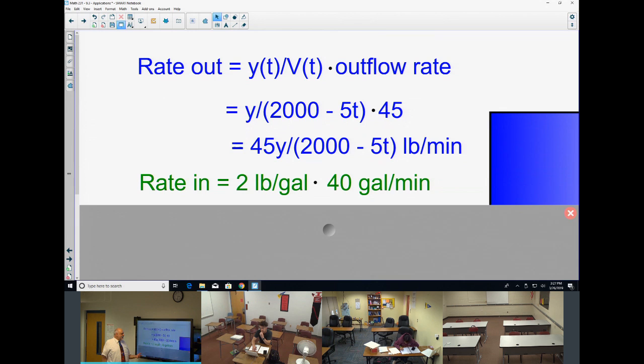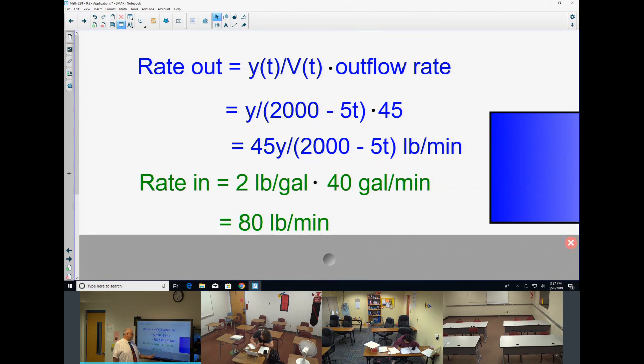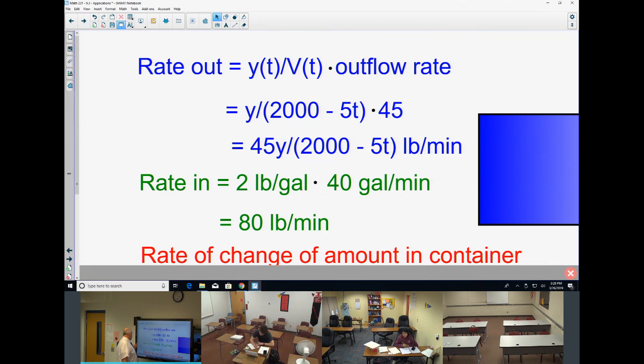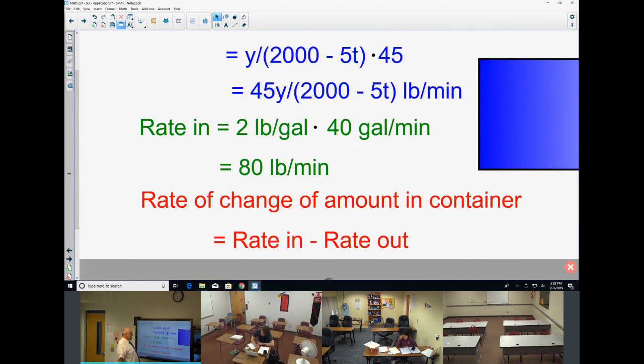Now the rate in is 2 pounds per gallon of the additive times 40 gallons per minute. That's how fast we're pumping the additive into the vat. So that would be 80 pounds per minute. That's how much of the gasoline additive we're adding in. The rate of change in the container is the rate in minus the rate out.